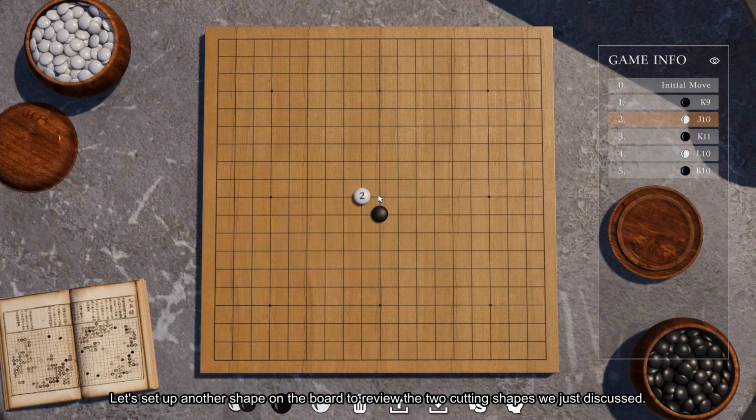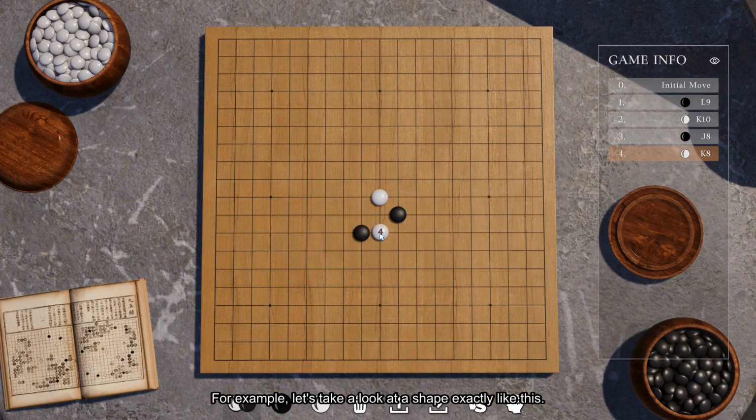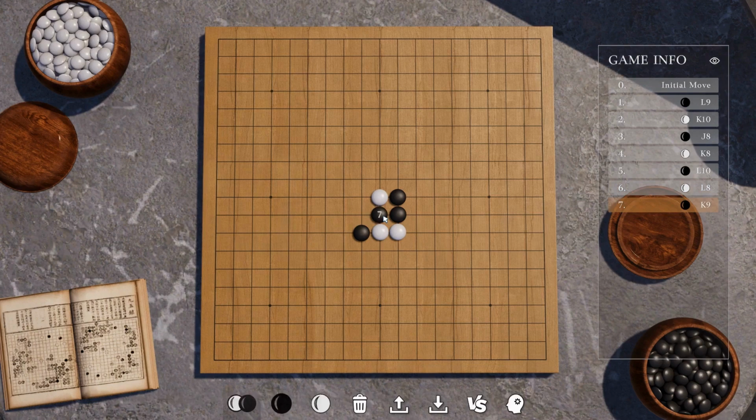Let's set up another shape on the board to review the two cutting shapes we just discussed. For example, let's take a look at a shape exactly like this. So now, if black plays right here to cut the white stones, it is called a straight cut, because it does not present the shape of a diagonal cut.